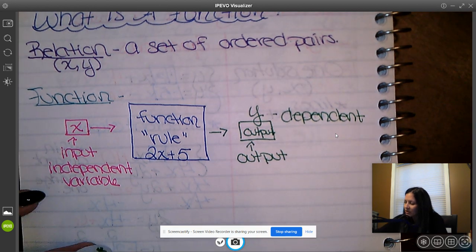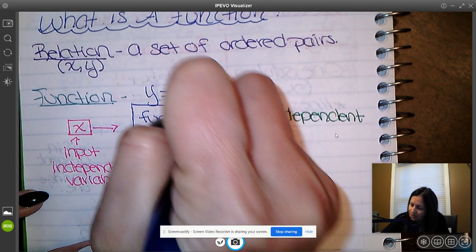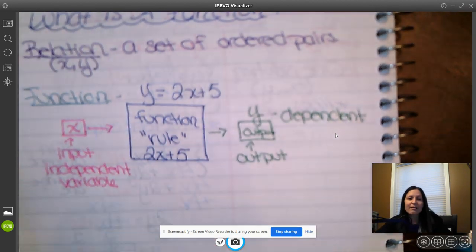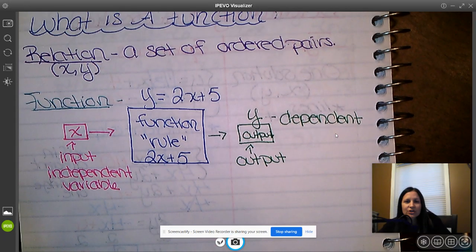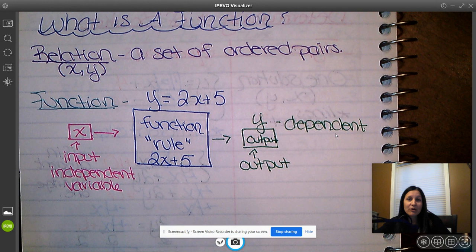So this would look like y equals 2x plus 5, which should look very familiar to you because we've been graphing those linear equations. So what we can now call them are linear functions.